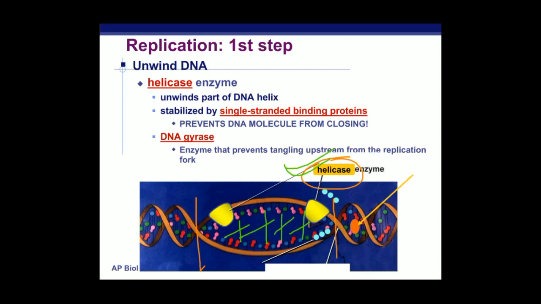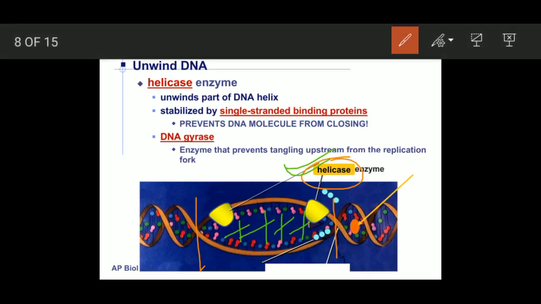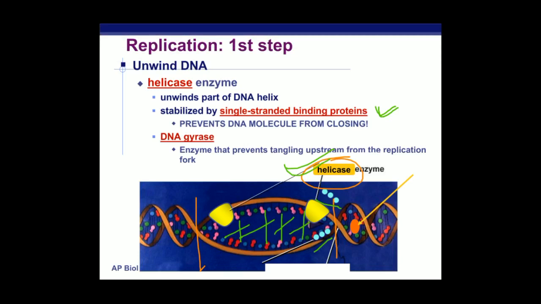In order to prevent that, a protein acts which is called SSBP, the single stranded binding protein, as you can clearly see here. This protein prevents the binding of the single strands. So this is the idea here. It prevents the annealing actually.